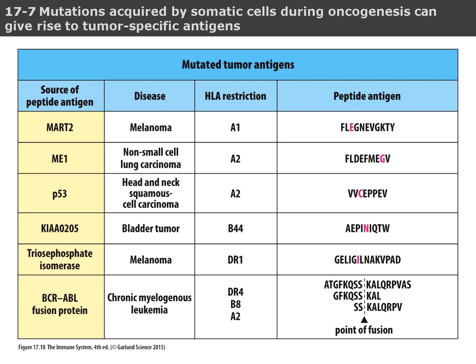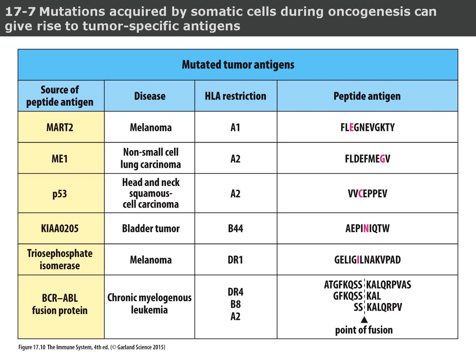In melanoma, mutated forms of MERT2 and triosephosphate isomerase present altered peptide antigens. Non-small cell lung carcinoma and head and neck squamous cell carcinoma are associated with mutations in the ME1 and P53 proteins, respectively.